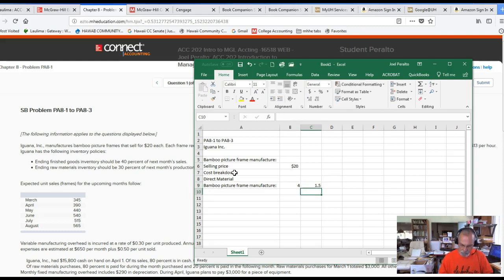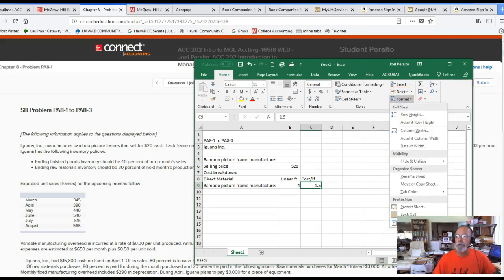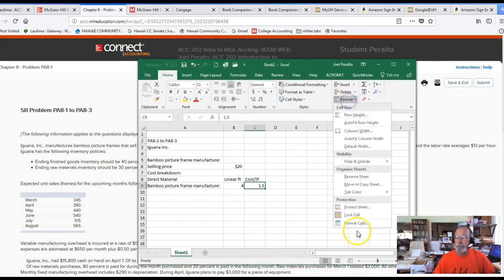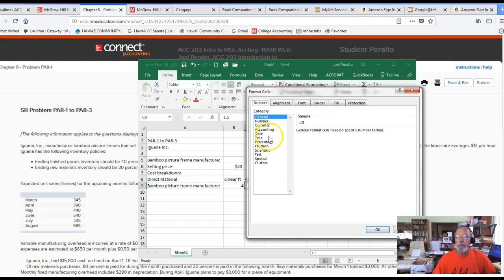And $1.50. Why don't we put headings on these numbers? This is linear feet and cost per linear foot. And so that we don't get confused, let's put some formatting. This is currency.